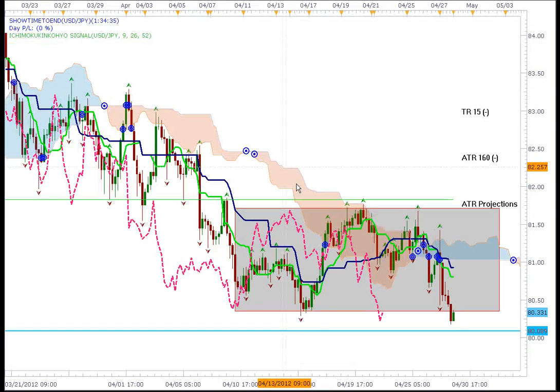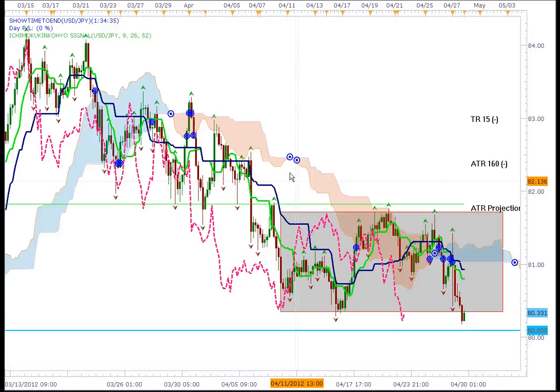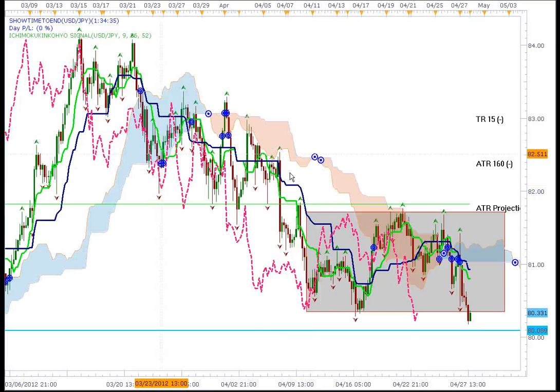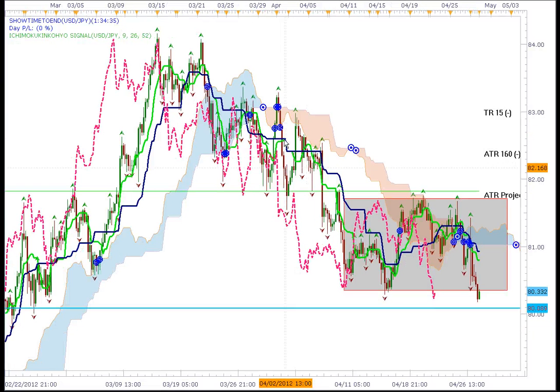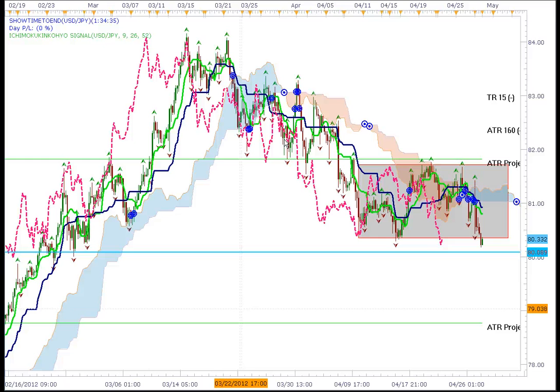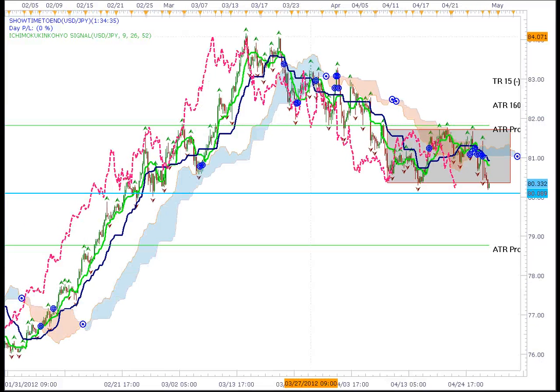Now my computer is slow, so it takes time to get to where I want it to be, so I can show you where the next level of support is. But once the market breaks below that blue line here, this blue line again is the daily Kumo bottom and the 50% retracement of this move right here. So that's an important move right there for us.